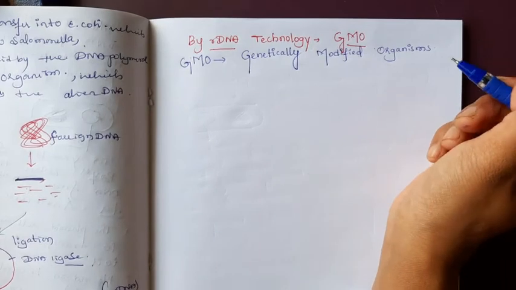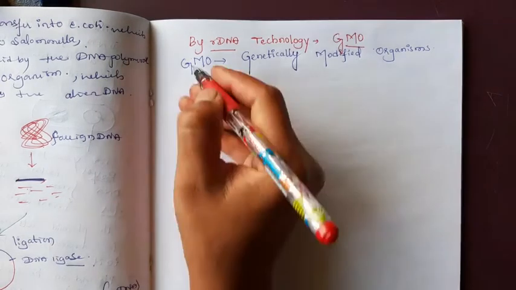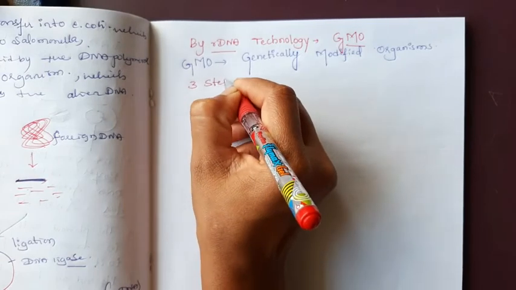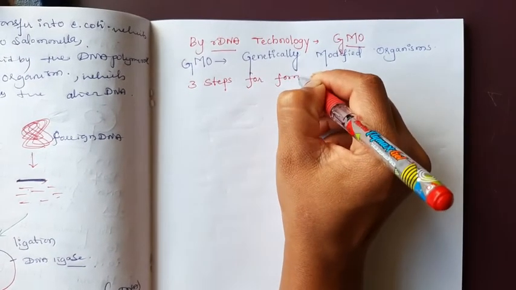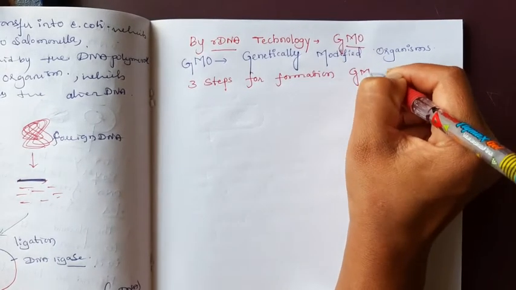Here there are three basic steps in genetically modified organism formation. Usually three steps for formation of GMO.